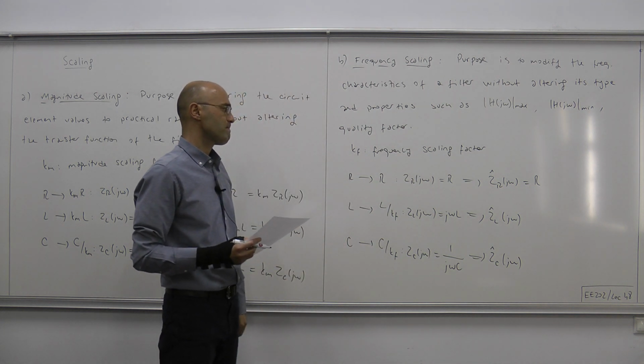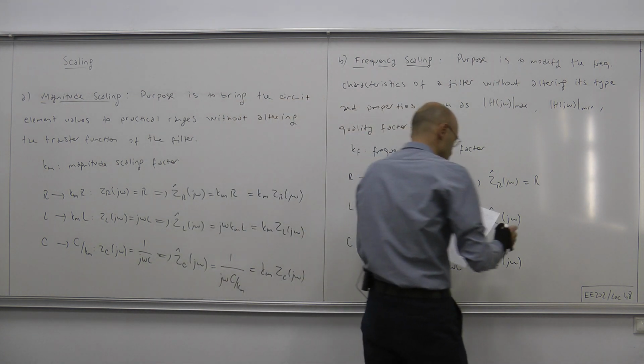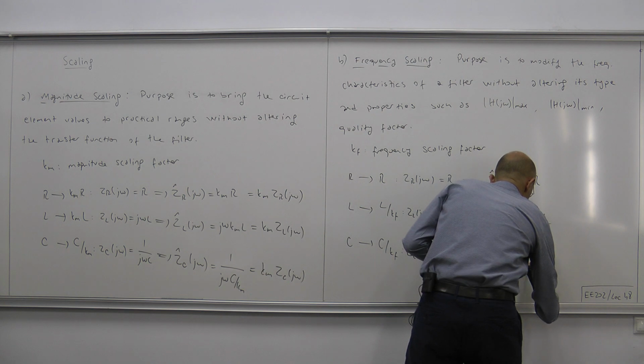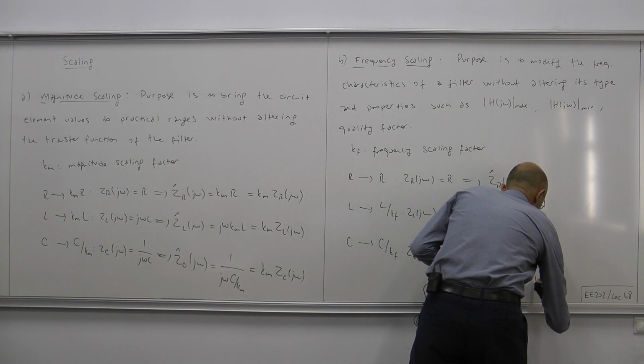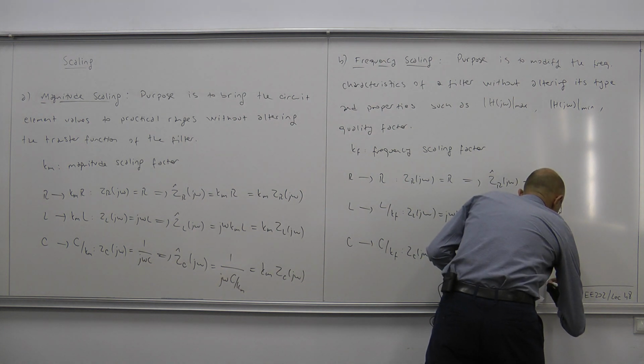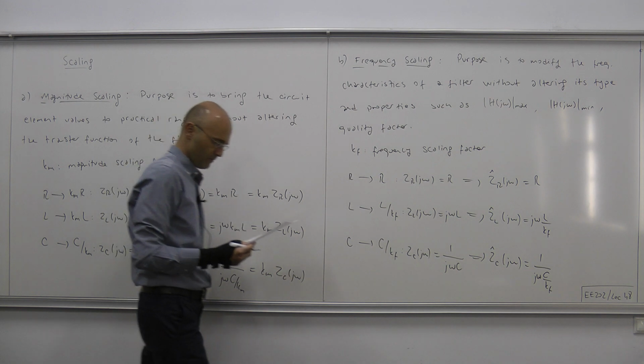As for the impedances of the inductors and capacitors, what we have is j omega L over Kf, and 1 over j omega C times Kf.